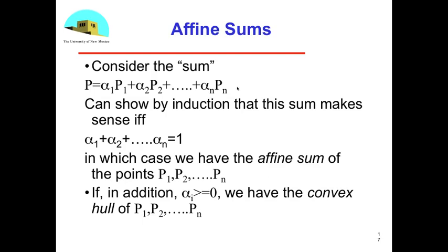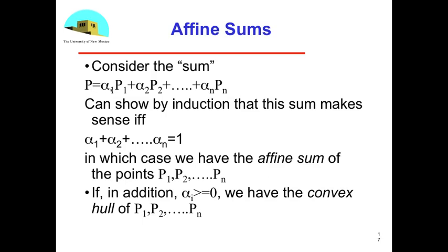Why doesn't it make any sense? Well, there's no operation for a scalar times a point. So what are you talking about here? Well, I can do some algebraic manipulations and say that this makes sense if the sum of alphas equals 1. And I show that in the text. And if that's true, then this is called an affine sum.